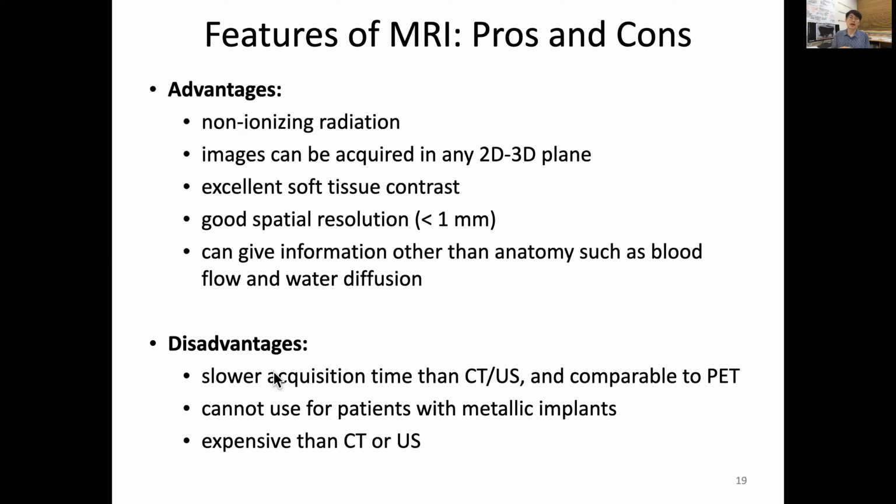And because MRI uses strong magnetic fields, some people these days who have a pacemaker or some medical biomaterial implant made of metal cannot use MRI. Also, because it's a sophisticated technology and the cooling uses liquid helium, it's more expensive than computed tomography or ultrasound.